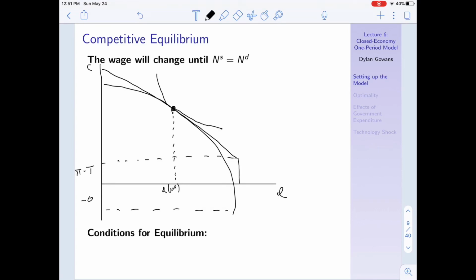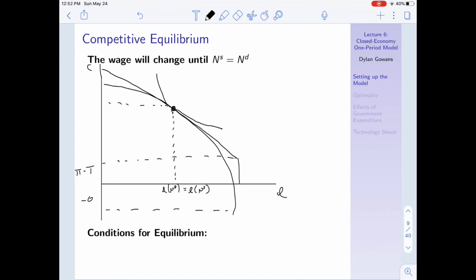So that is, we need that the indifference curve is tangent to the budget constraint at that exact same point. And that will give us our point of equilibrium. If we didn't have that, we would have that labor supply is greater than labor demand, or vice versa, and that would lead to a change in the wage until we got to this point where labor supply is equal to labor demand.